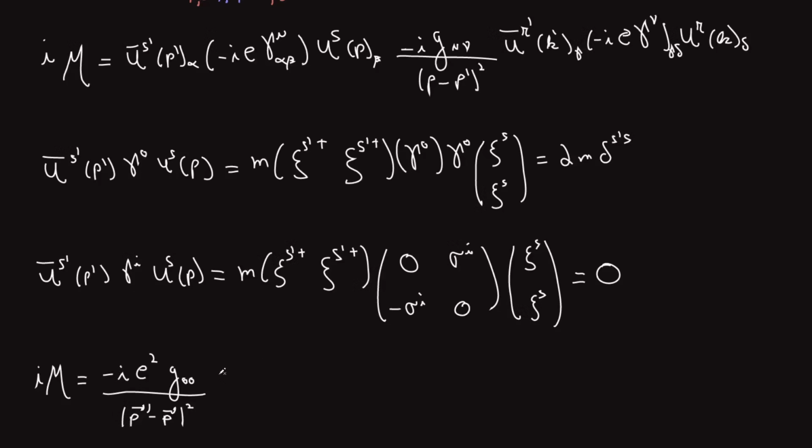And for the rest, I just have the same as before, 2m delta s prime s and 2m delta r prime r. Right? This guy is 1, right? This is just 1 in my metric, right?